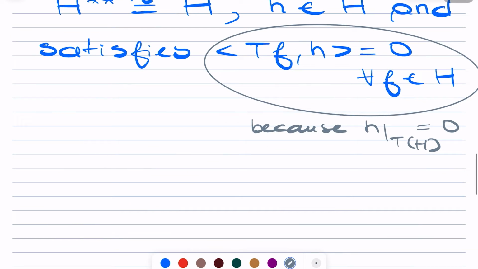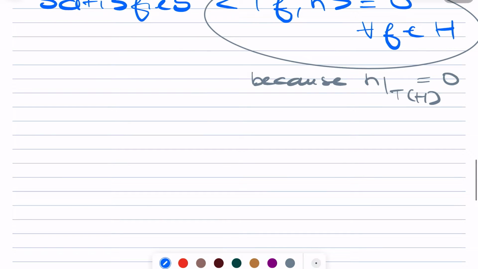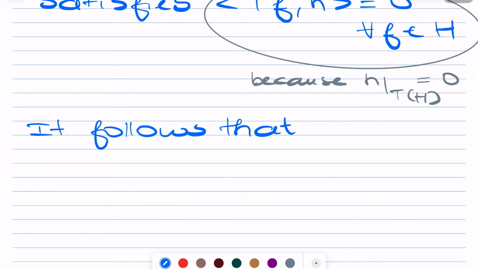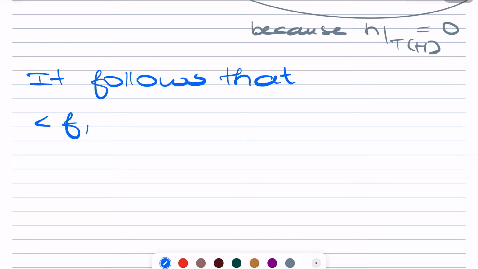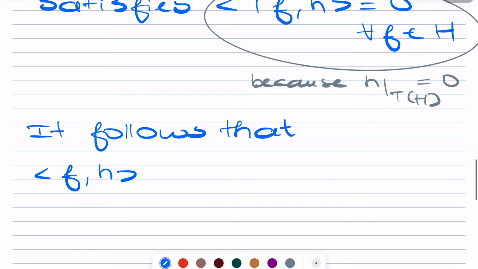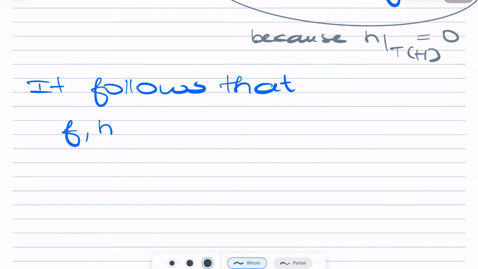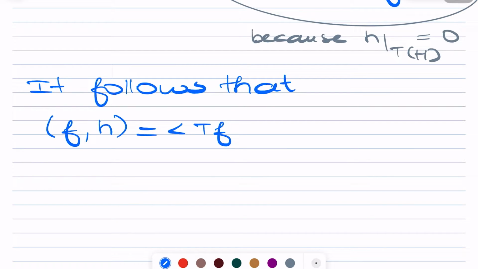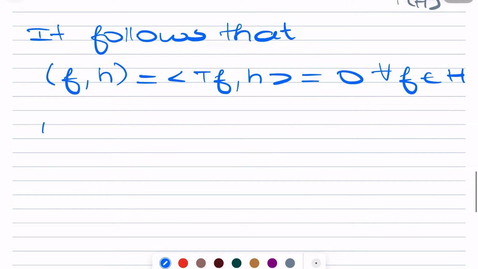So it follows that the scalar product (f, h), by definition of our operator T, equals 0 for every f in H. And thus, because a scalar product is a bilinear form, this means that h is equal to 0.